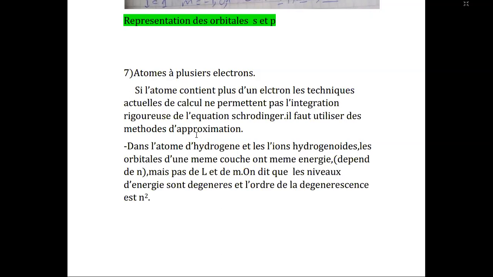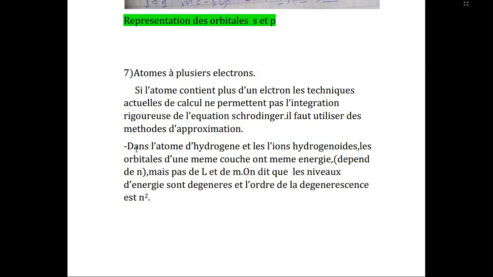So the first thing which you have to note is that in the hydrogen atom and the hydrogenoid ions, les orbitales de la même couche ont la même énergie.